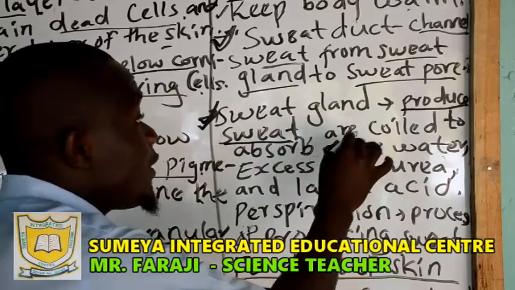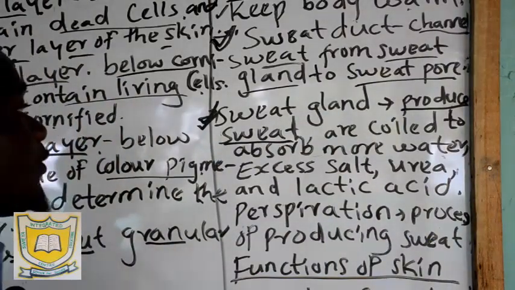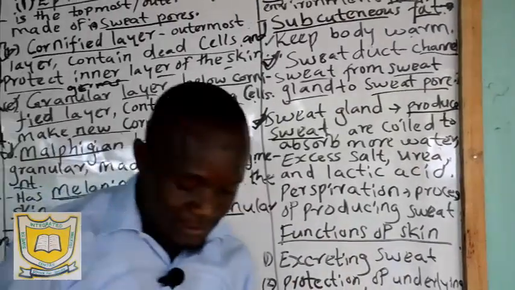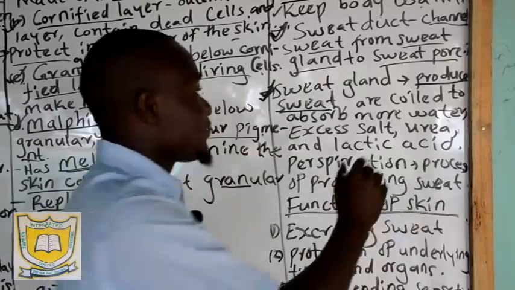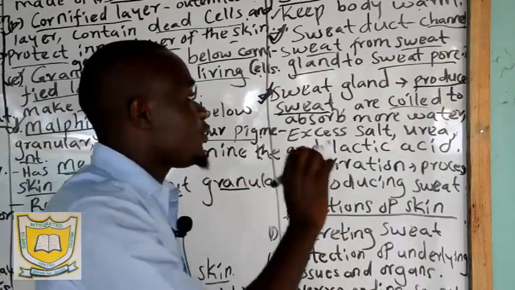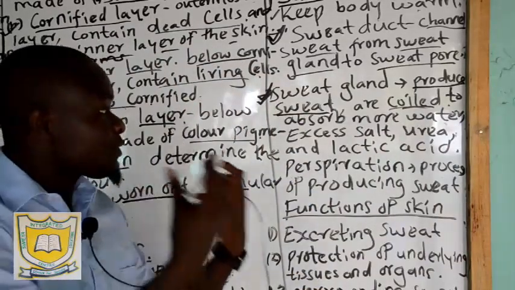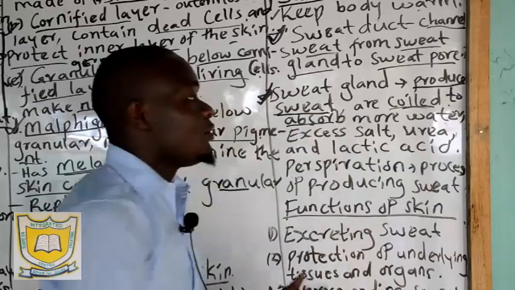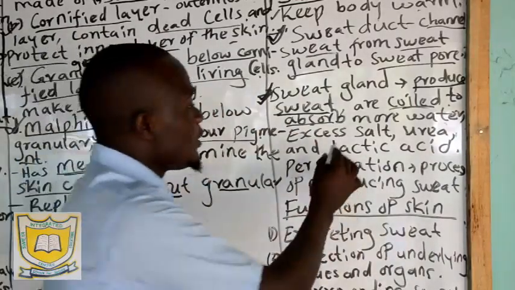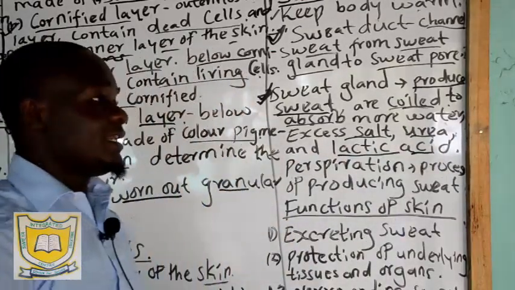Then when you talk about the sweat gland, how does it function? When somebody asks you how the sweat glands are adapted to their functions, the answer will be that they are highly coiled. The reason why they are highly coiled is because they have to absorb more water, they have to absorb excess salt, excess urea, and also excess lactic acid.